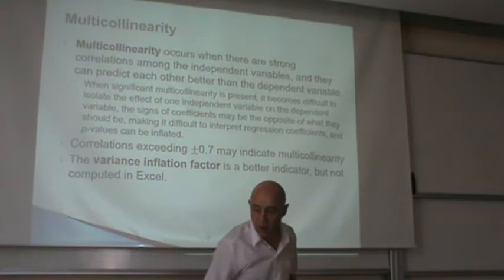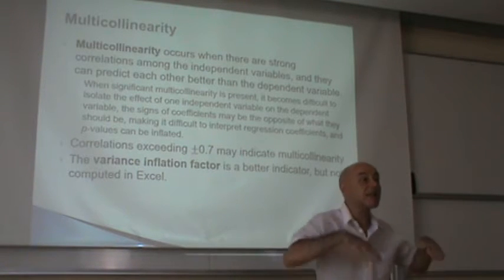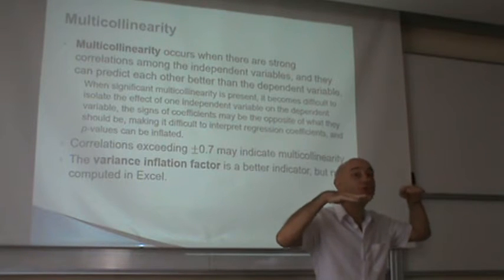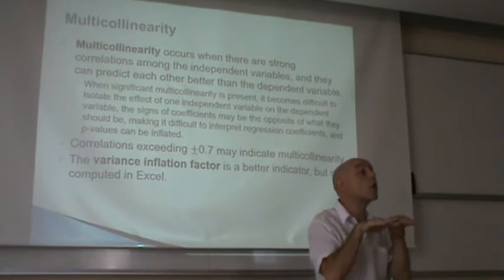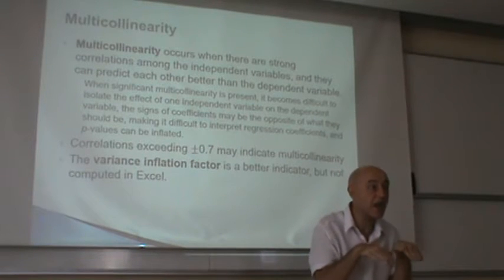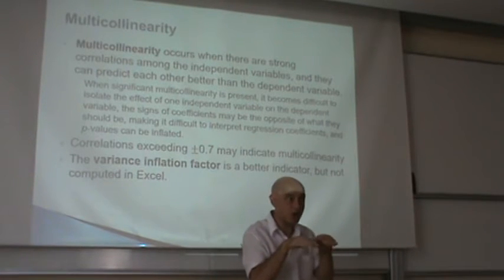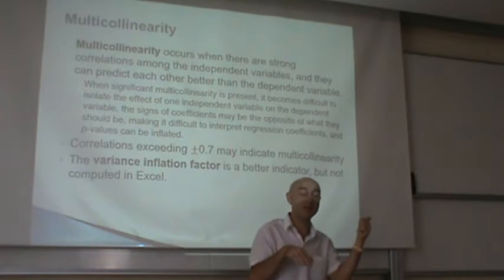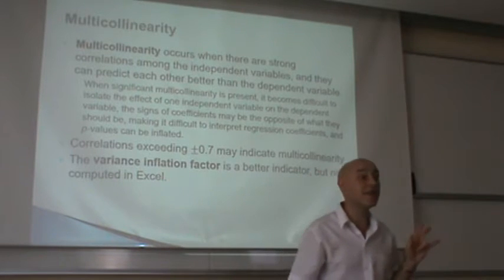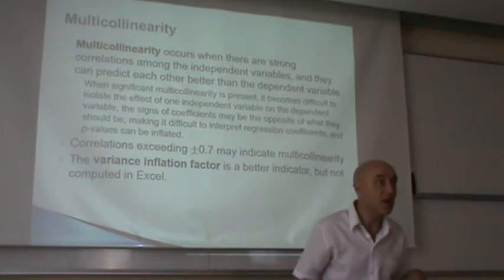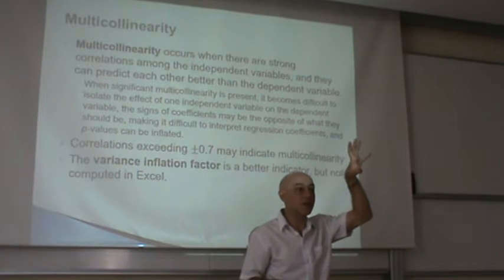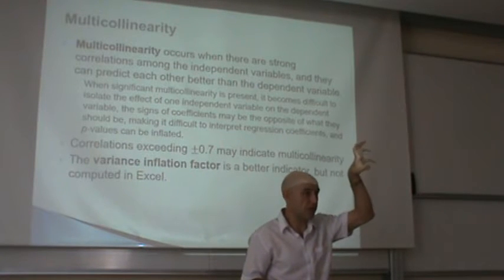Multicollinearity is basically when you have two variables that correlate to each other and explain each other in the independent variables. With multicollinearity, it's tricky. It may happen the following. You may have one variable, x1, very significant.